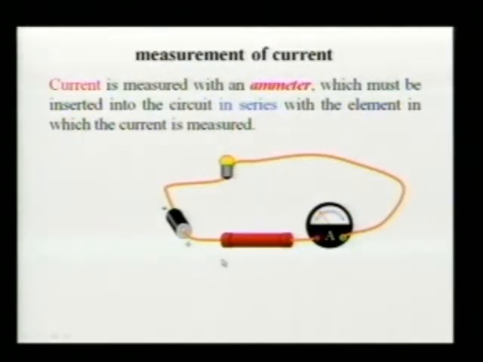So in this arrangement which you see on the drawing, this ammeter simultaneously measures current in the resistor and in the light bulb. Who believes that it's true? 1, 2, 3, 4. Who believes that it isn't? 1.